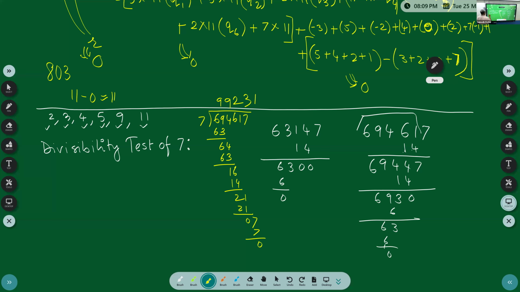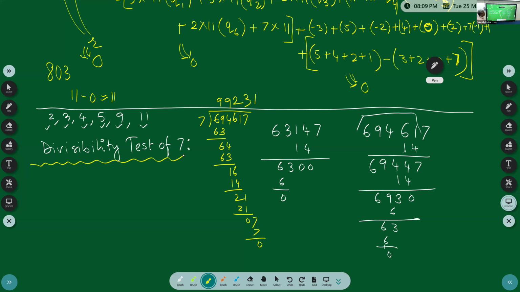So that is the divisibility test of 7. It works. This is a very nice thing, and it's not there in the school textbook.